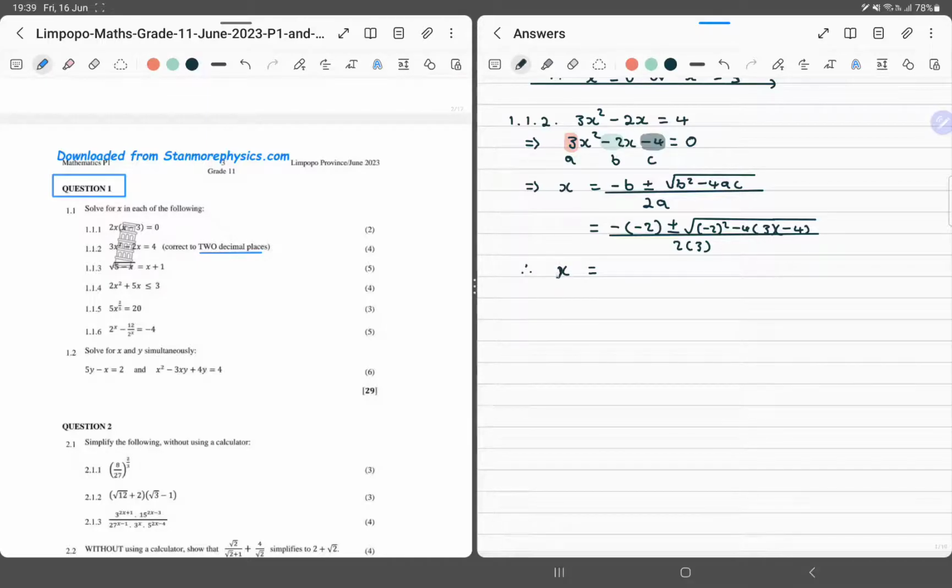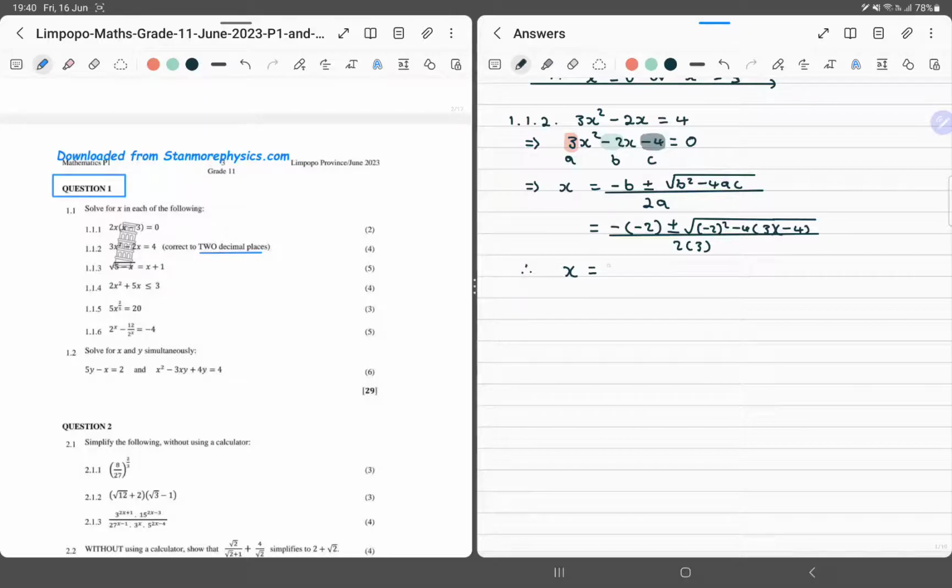An incorrect substitution will lead to an incorrect answer. So make sure you watch yourself and you double check. Just because it's easy, don't take it too lightly. So minus into minus 2 plus the square root of minus 2 squared minus 4 into 3 into minus 4. Okay, divide by 2 into 3.